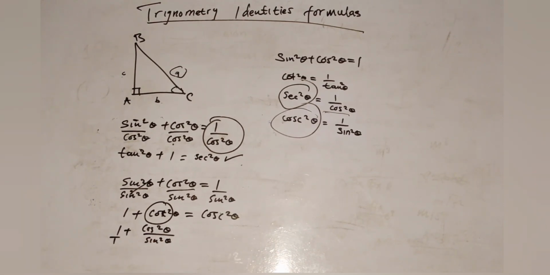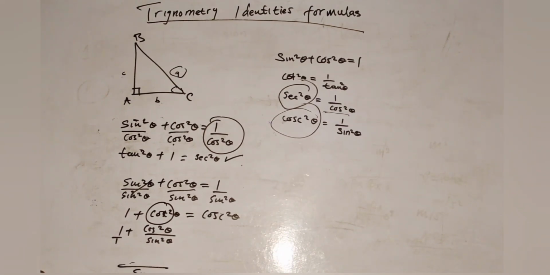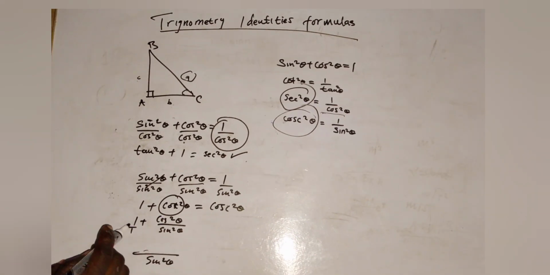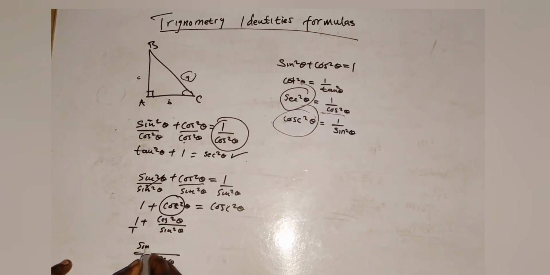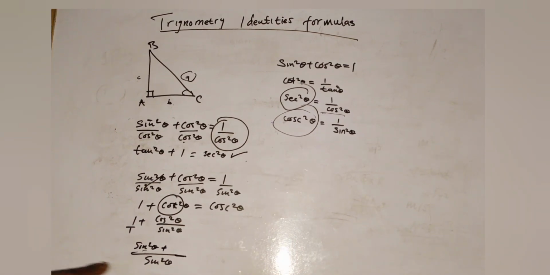Now let's look for a common denominator, which is sine squared theta. 1 times sine squared theta is sine squared theta, then plus cos squared theta.